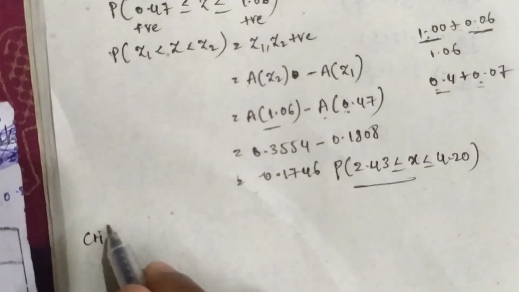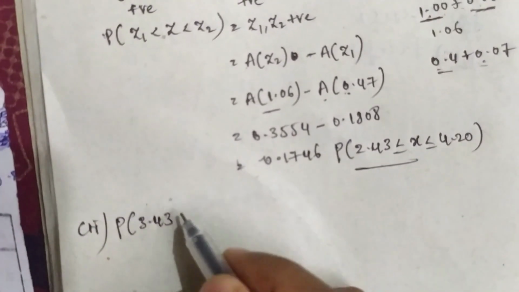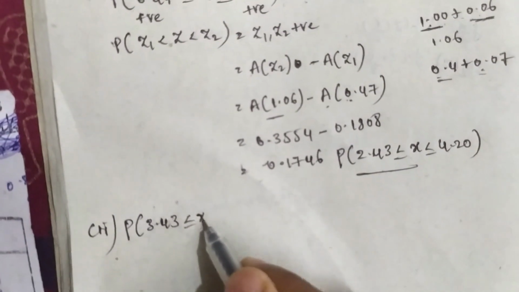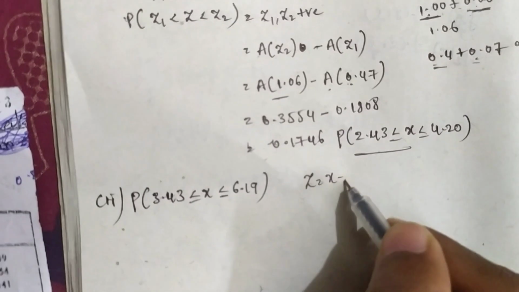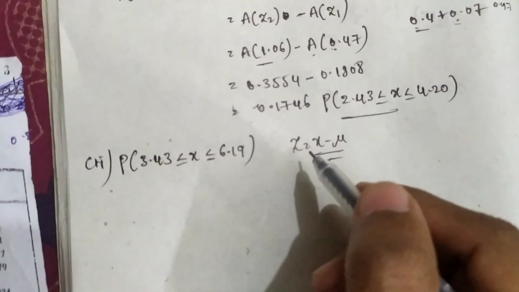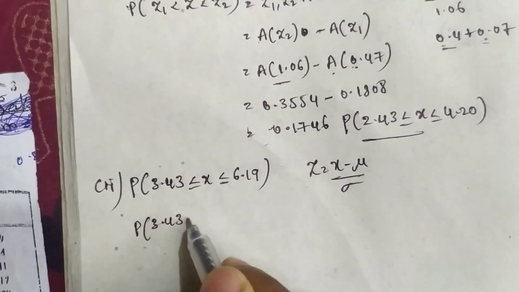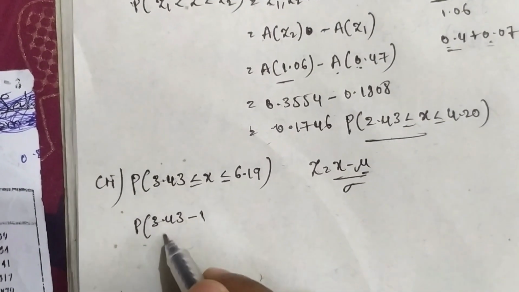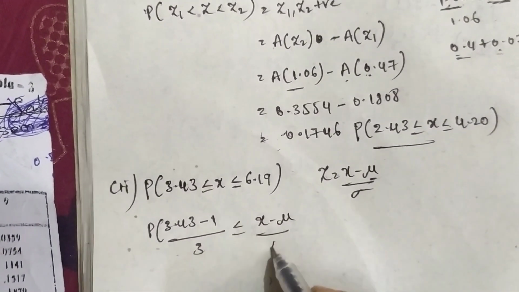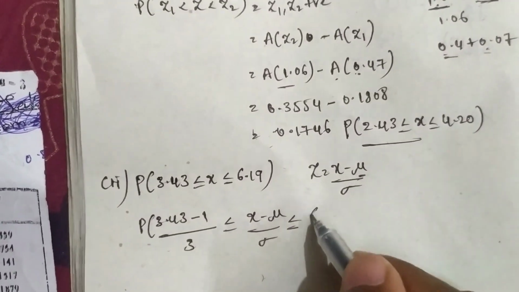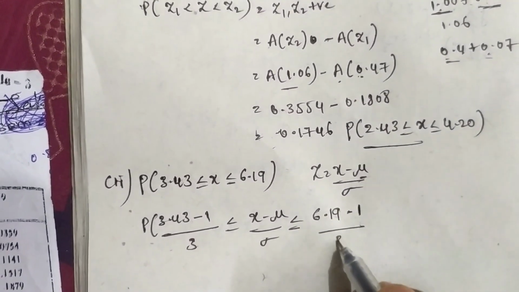The second one is, we have to calculate P of 3.43 less than or equal to x less than or equal to 6.19. We know that z equals x minus mu by sigma. Here P of 3.43 minus mu, where mu value is 1 and sigma value is 3, less than or equal to x minus mu by sigma less than or equal to 6.19 minus 1 by 3.